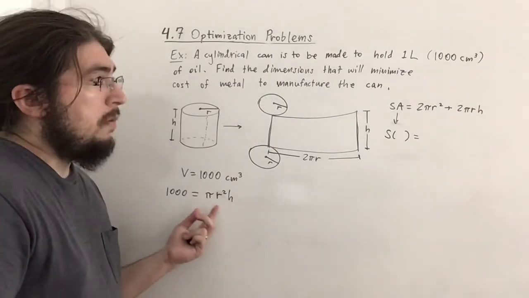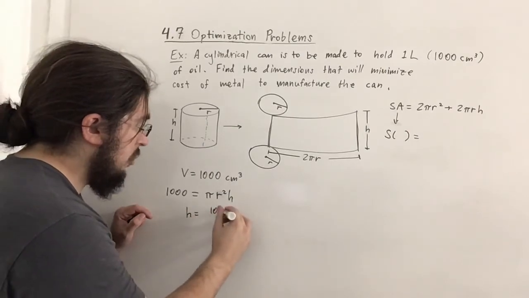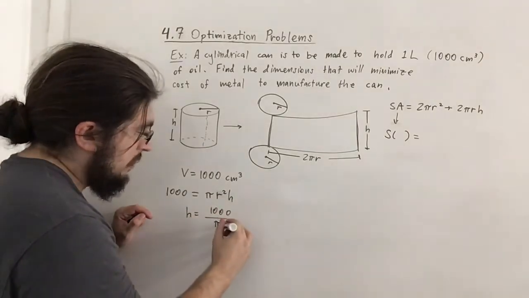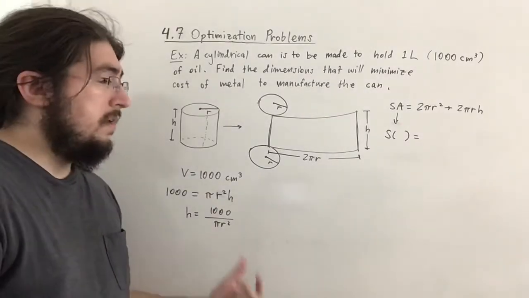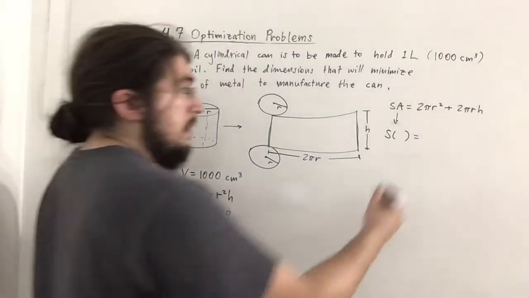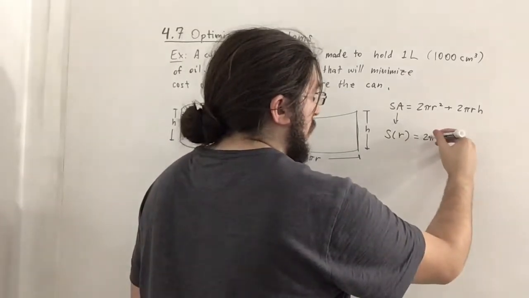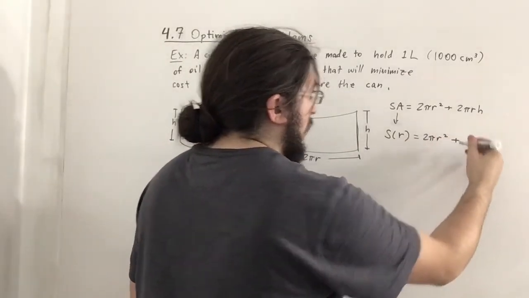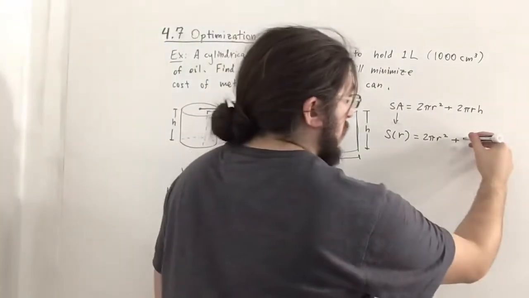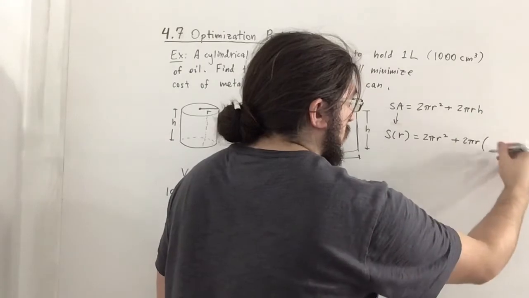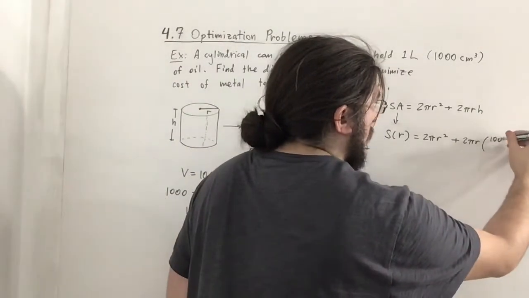But now look, we can write h in terms of r by just dividing. So h is 1,000 over pi r squared. Again, this is the hardest part, finding the function in terms of one variable. So now we've written s in terms of r, or at least we will. So this is 2 pi r squared plus 2 pi r times 1,000 over pi r squared.